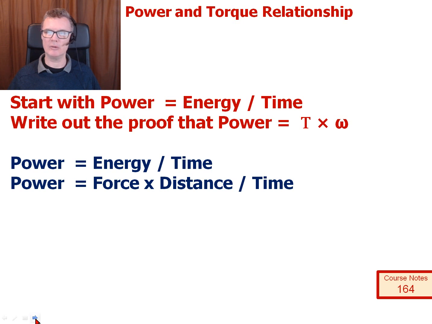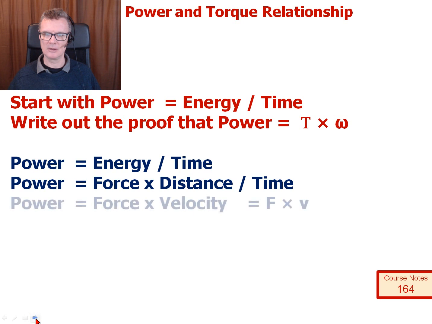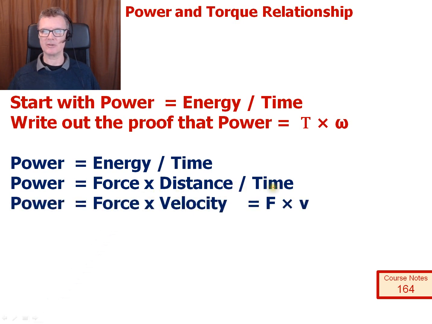Can you see any way through to distance divided by time? Well, that's obviously velocity, and we want angular velocity, so maybe that helps. If not, press the next line. Well, indeed, distance divided by time, that's velocity. So we've got force times velocity.